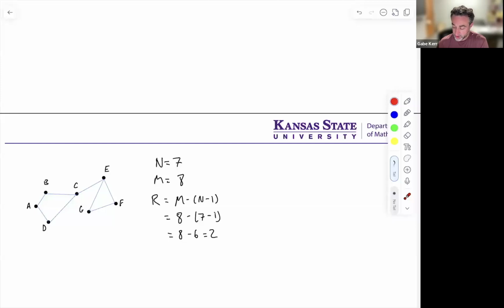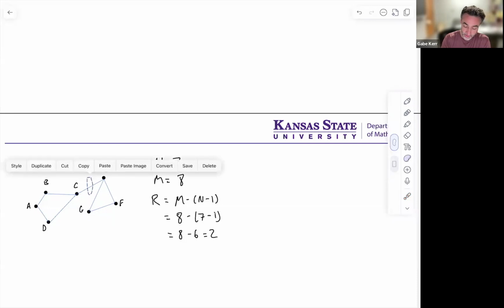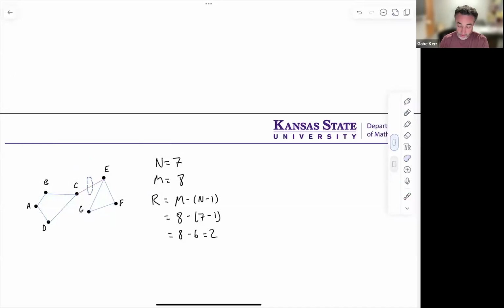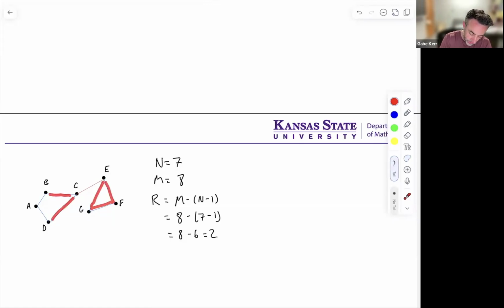You can't remove a bridge and expect to get a spanning tree because those bridges connect all your nodes. So I've highlighted the only bridge that exists here, but then we can see that we have one circuit here and we have another circuit here.